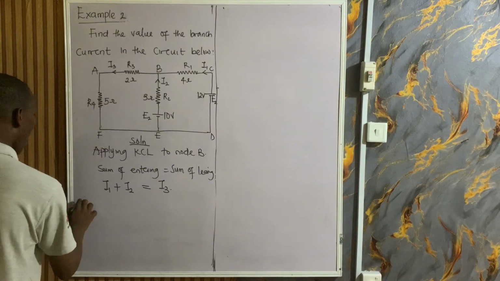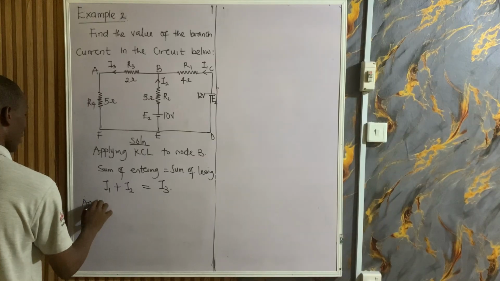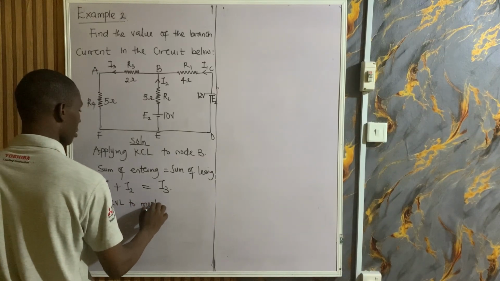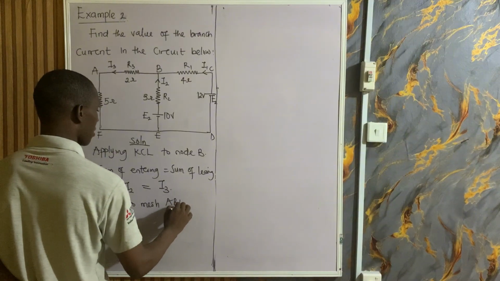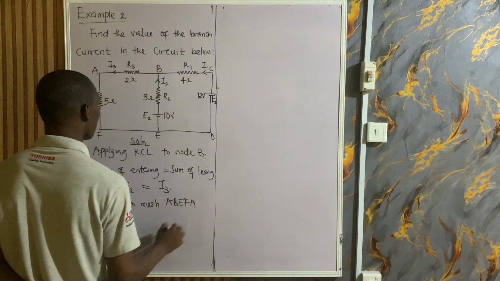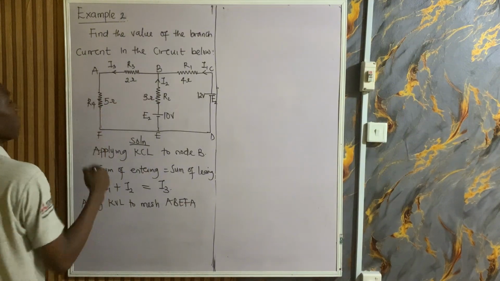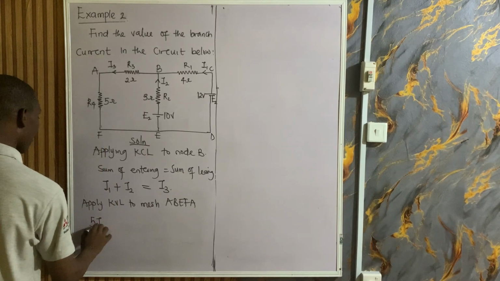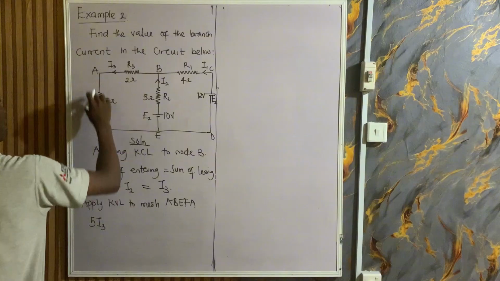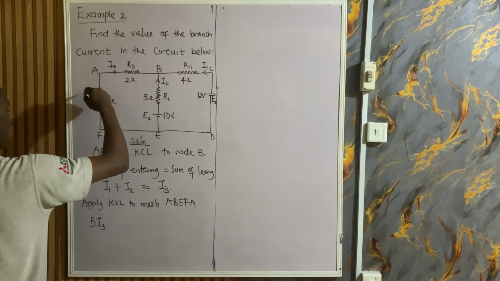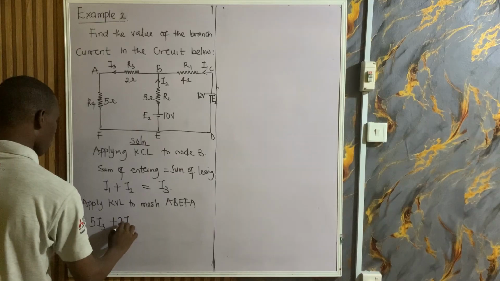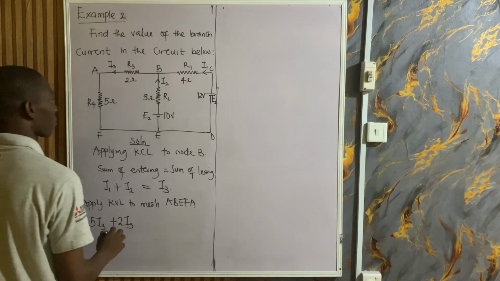Again now, apply KVL to mesh ABEFA. That's the first mesh. This will be plus 5I3, because I'm going from here to here and current is going in the opposite direction. Then again, plus 2I3.